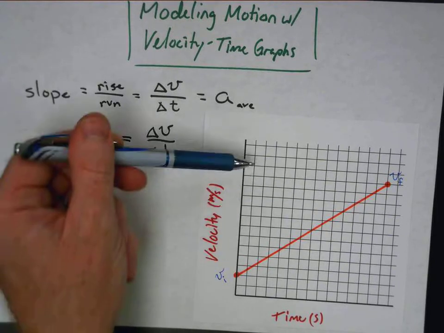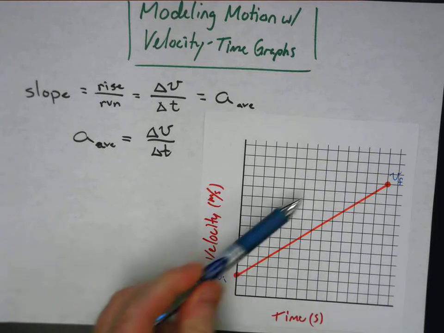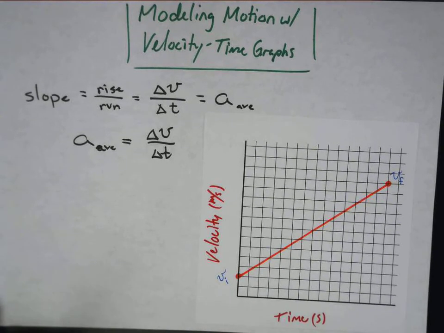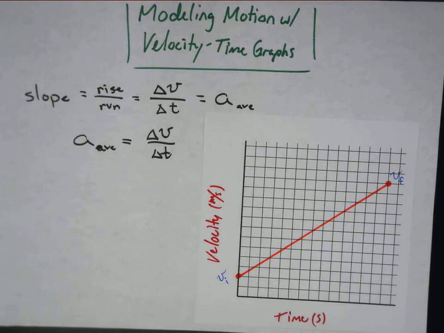But there's more than that. What else is changing? Isn't the object's position changing? Because it's moving, it has a velocity of some kind. Therefore, its position is also changing. Pretty cool. And as its position changes, its speed is changing along the way.